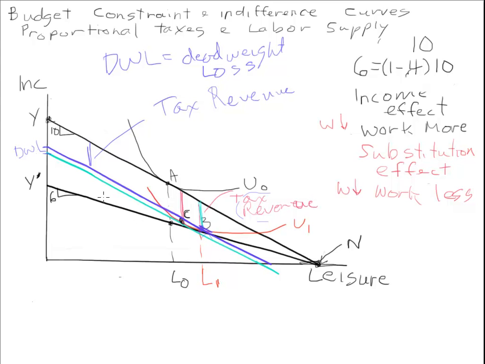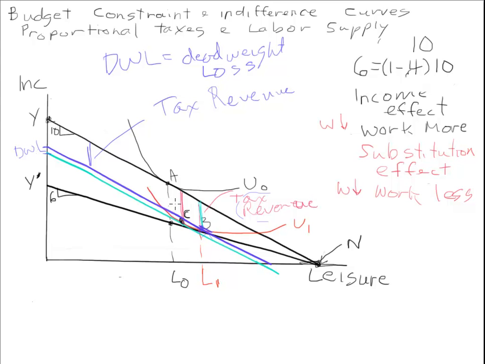If I was further to the left over here, my income effect would be greater than my substitution effect. And if I was over here, my income effect would be less than my substitution effect. In other words, my substitution effect dominates over here. Okay, I drew it so my substitution effect dominated.